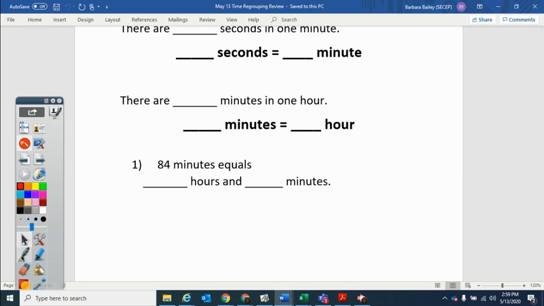Well, I'm going to take my 84 and subtract 60, because that's 1 hour. I'm basically taking away 1 hour. So 4 minus 0 is 4. And 8 minus 6 is 2.